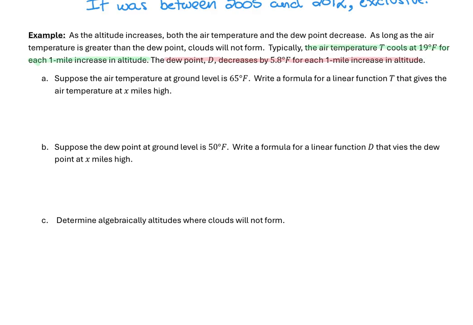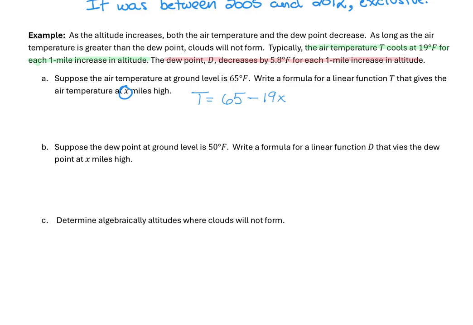Our starting value is going to be the air temperature at ground level, and so we get T equals 65. And then it says that the air temperature cools at 19 degrees for each 1 mile increase in altitude. And so x is our miles, and what we're going to do is subtract 19x.